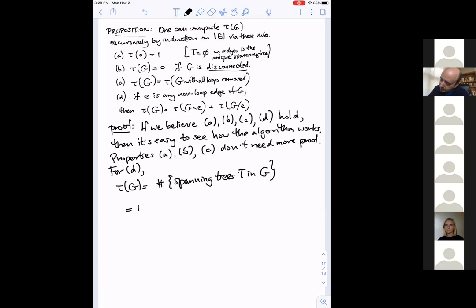So the claim is this is equal to the number of such T that avoid using the edge E, in other words, E is not in T, plus the number of such spanning trees that use edge E. And again, assuming E is a non-loop edge.